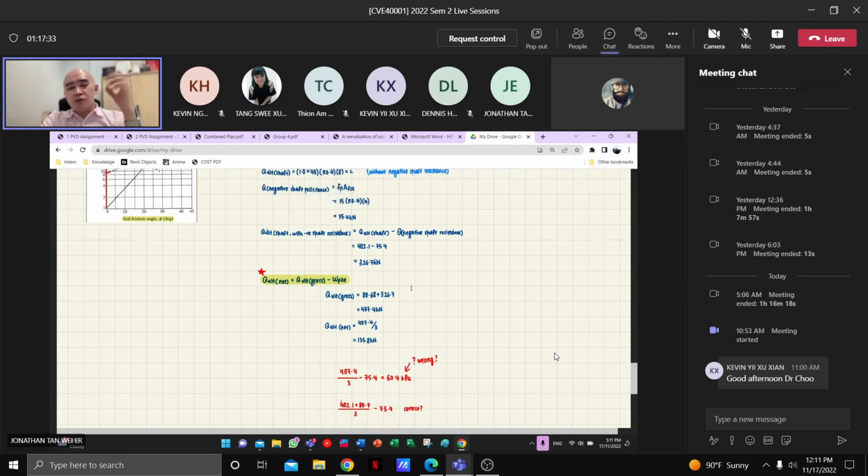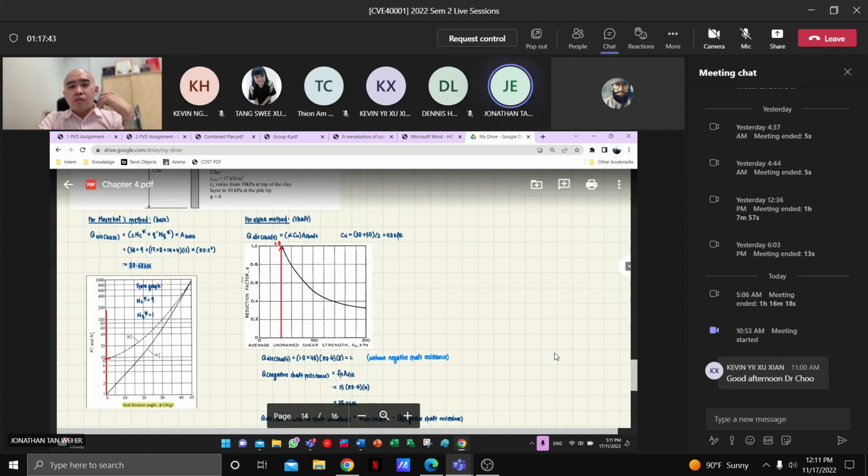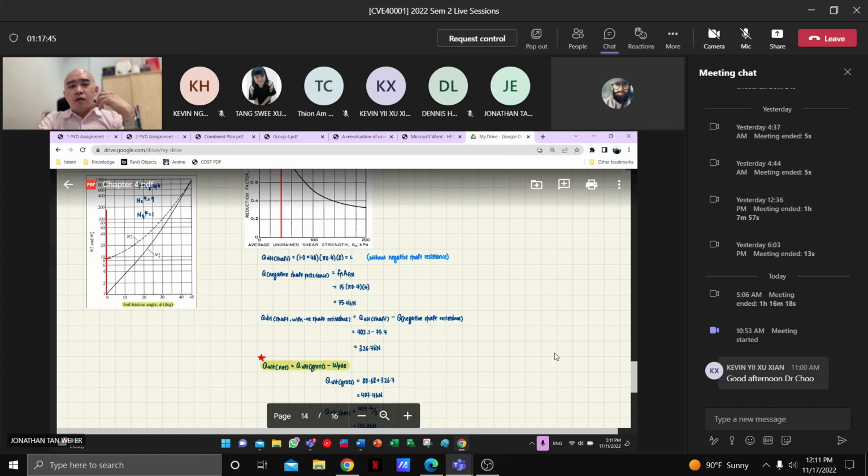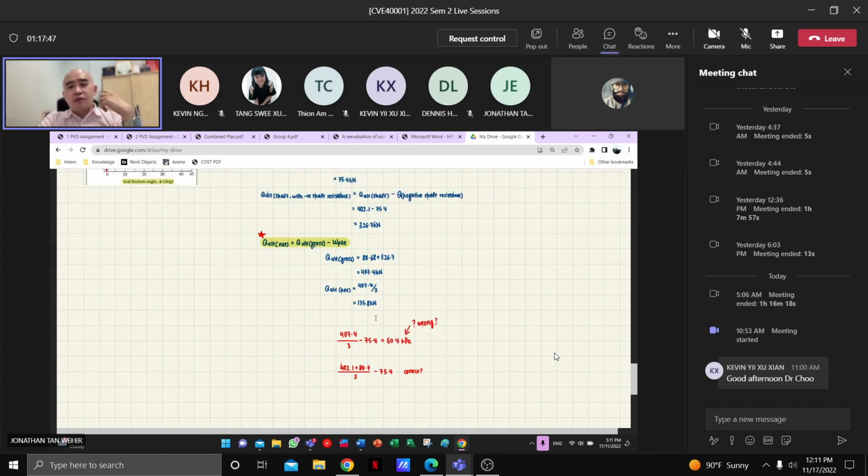In other words, 75.4 you do not divide by 3. You don't apply a factor of safety to 75.4. How about the Q base? You don't need to include it. That one you apply a factor of safety to, because it is a resistance. So you mean this one is correct? Yes, that one is correct.